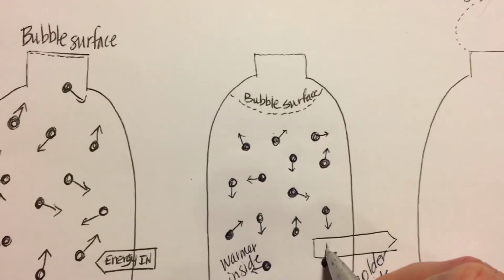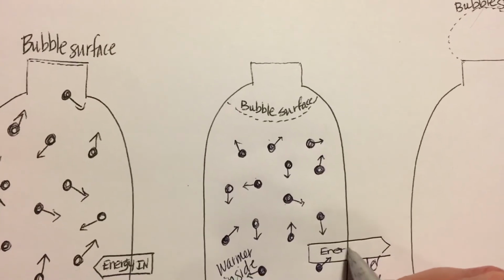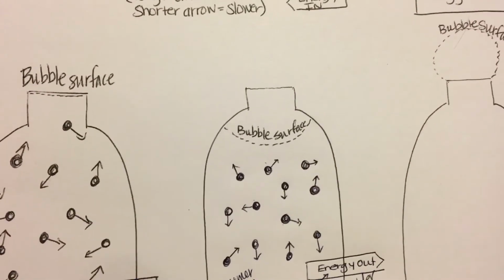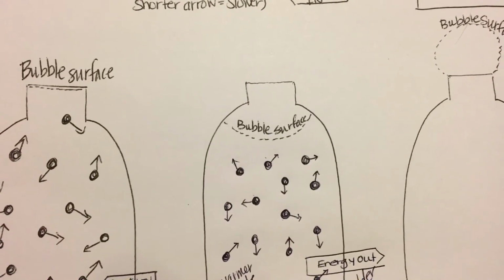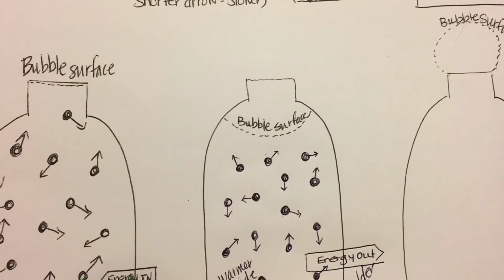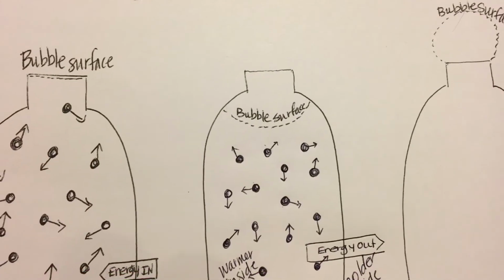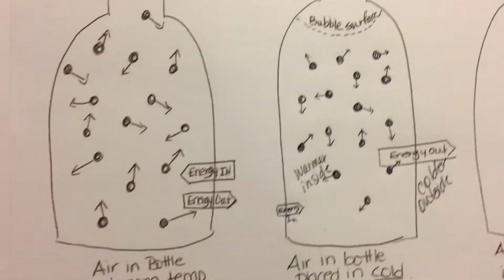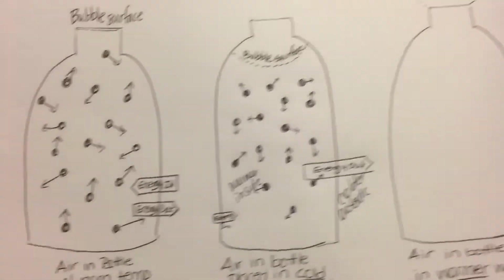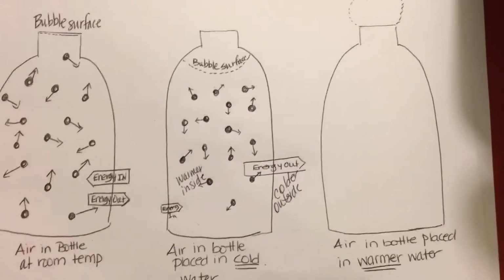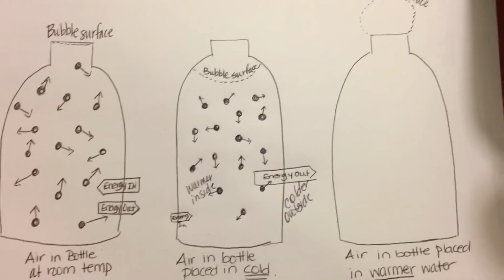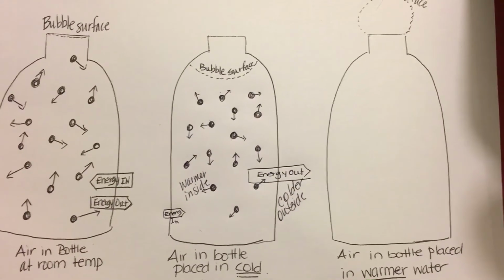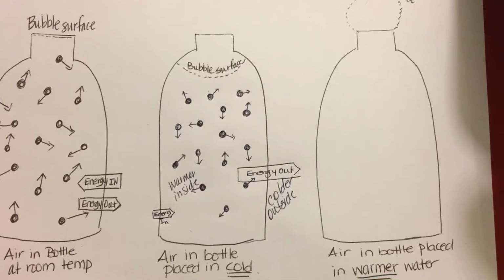So I'm drawing a bigger arrow for energy out than I'm drawing for an arrow for energy in. So, because I know that the air is warmer on the inside initially and colder on the outside, I need to make that energy transfer.